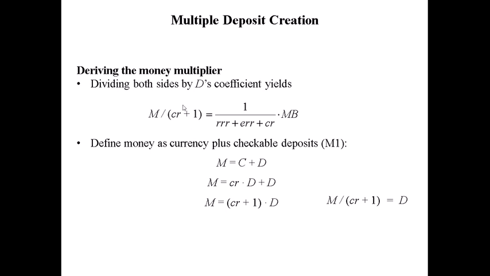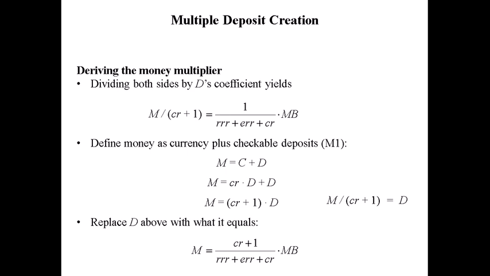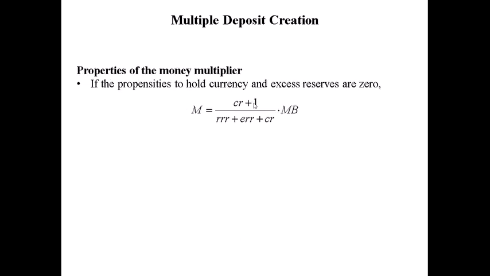If I multiply both sides of this equation by the currency ratio plus 1, I get this down here. And this right here is the M1 multiplier. It is the slope of the line where we multiply the slope times the monetary base, and that equals M. And the intercept is 0 here. Again, this right here is the M1 multiplier.